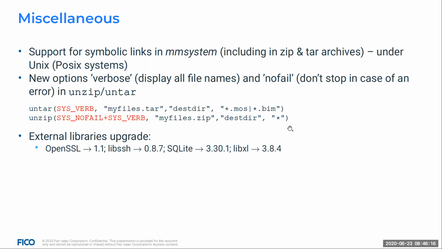Another update that we have made is to the newest versions of the various external libraries that we depend on, in particular for encryption, the OpenSSL library, and then SQLite for databases, and libxl, which is the library behind some of the Excel spreadsheet drivers.